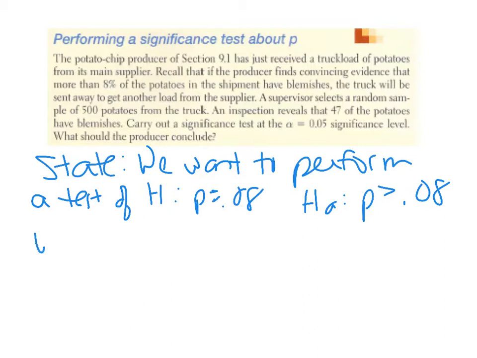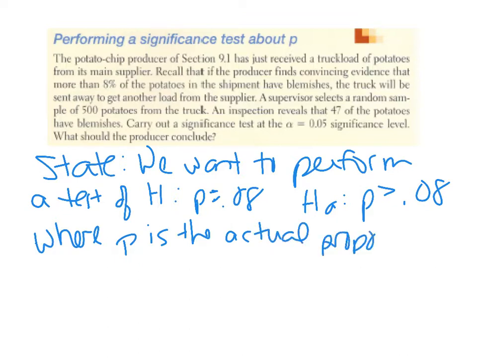And then I need to define what p is. Again, if I don't do this, I may not get full credit. So I need to state that p is my actual proportion of potatoes in the shipment with blemishes, because I'm putting it in context.